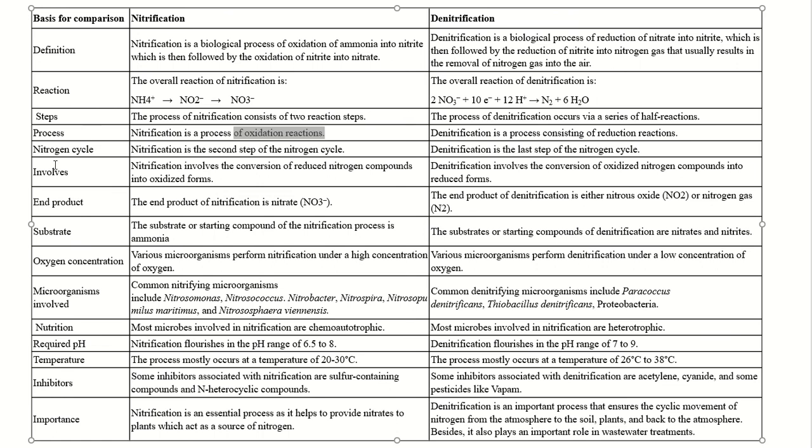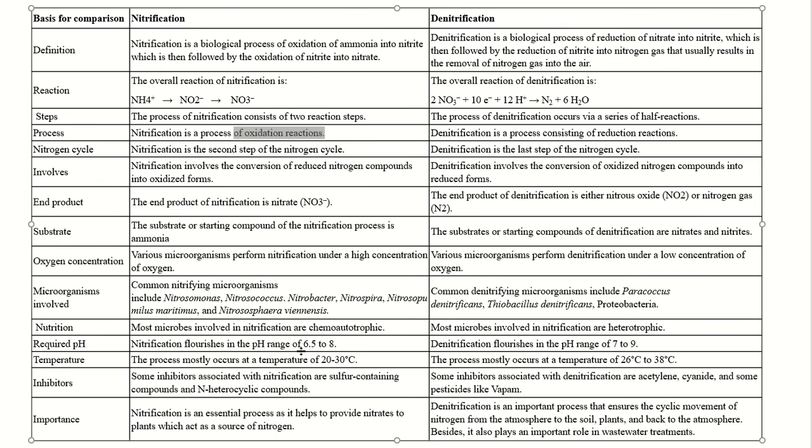But from the examination point of view, for your course content, you have to remember these slides at the tip of your tongue. Any sentence can be asked in the examination. For example, what is the requirement of pH for nitrification?